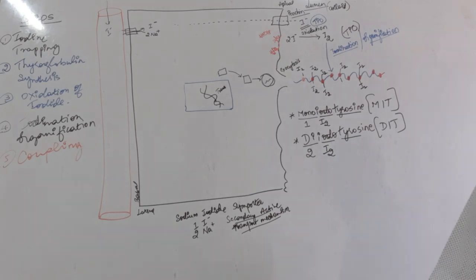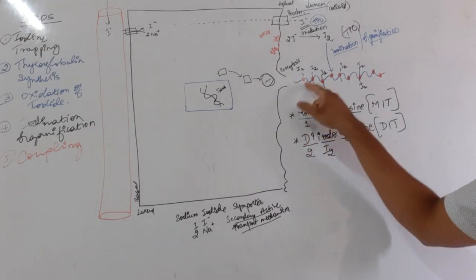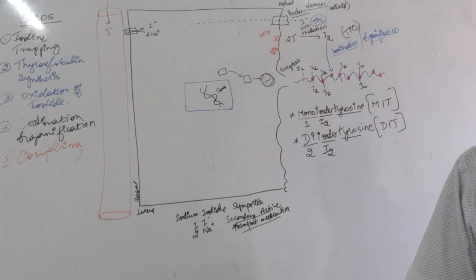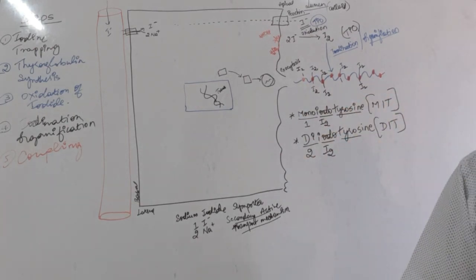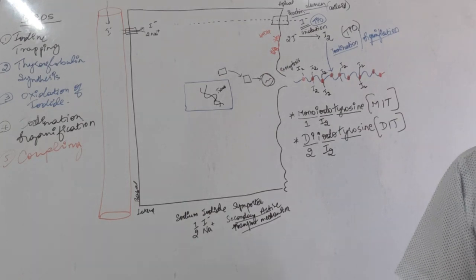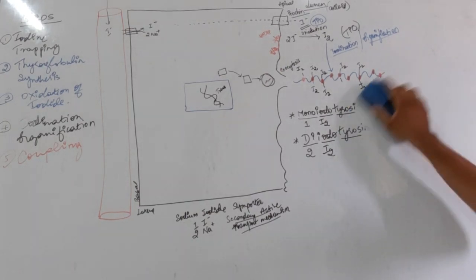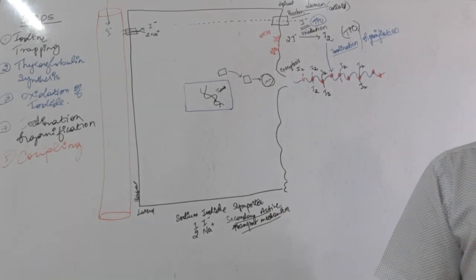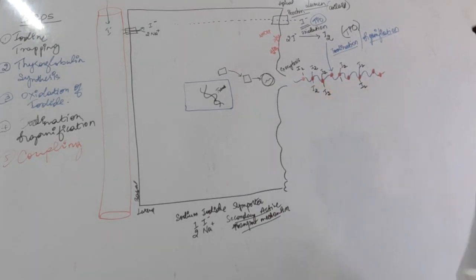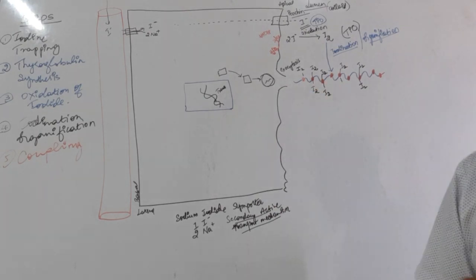Coupling refers to the linkage or the fusion of two organified or linked tyrosine residues. So, we have seen there is formation of MIT and DIT. So, what does the coupling reaction mean?